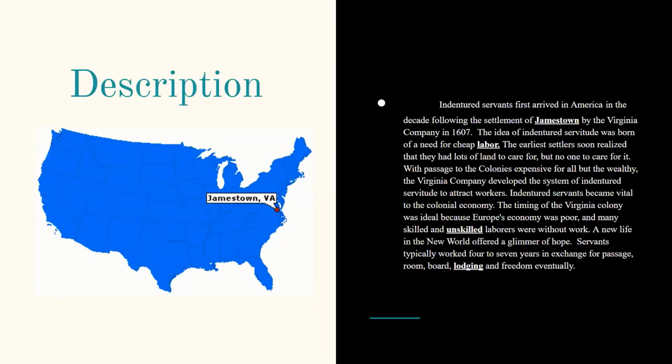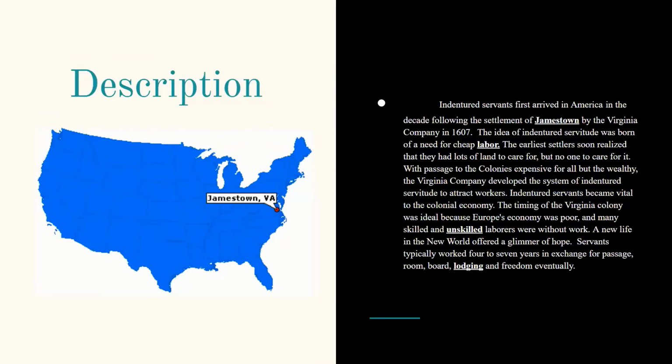Indentured servants became vital to the colonial economy. The timing of the Virginia colony was ideal because Europe's economy was poor, and many skilled and unskilled laborers were without work. A new life in the New World offered a glimmer of hope. Servants typically worked 4 to 7 years in exchange for passage, room, board, lodging, and freedom eventually.